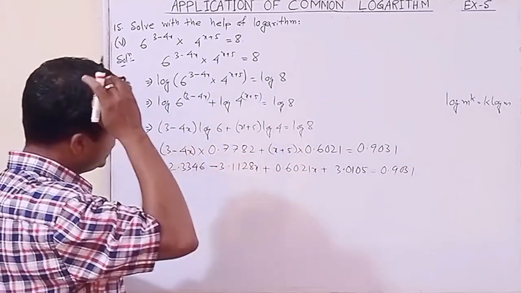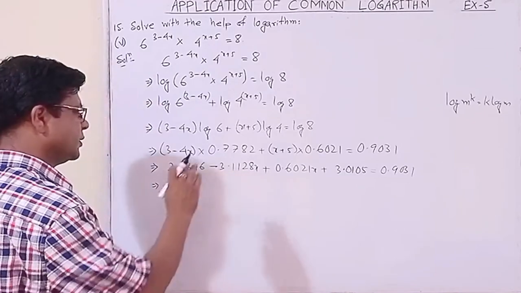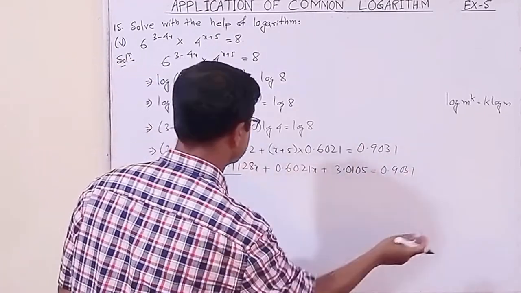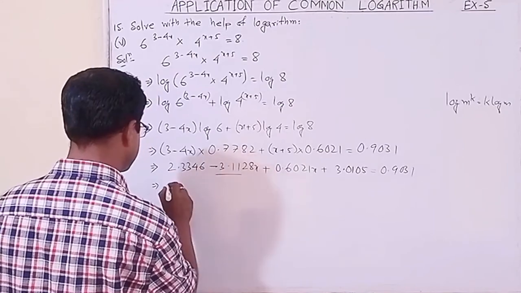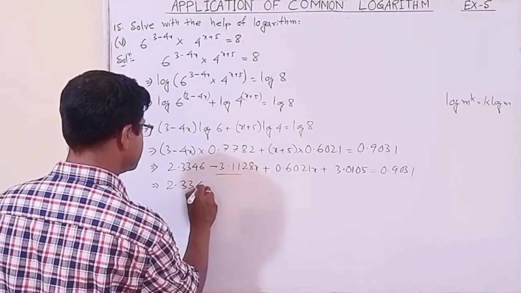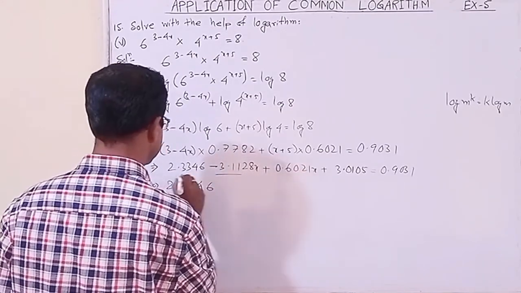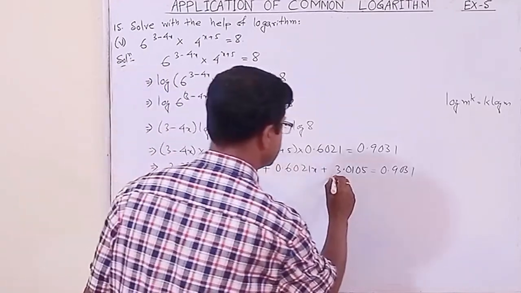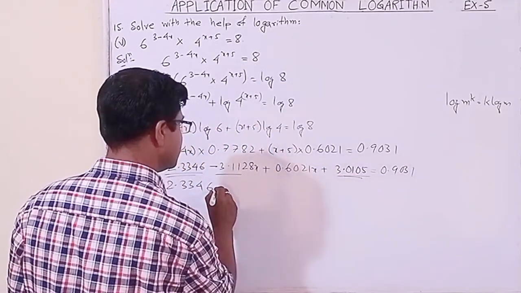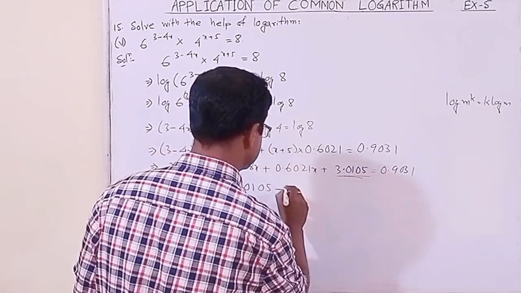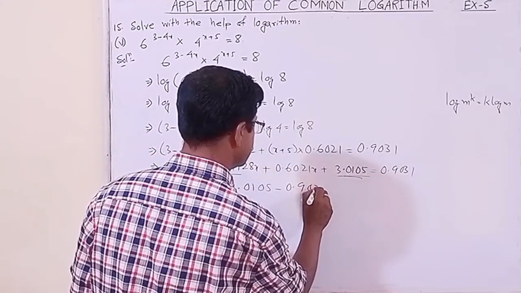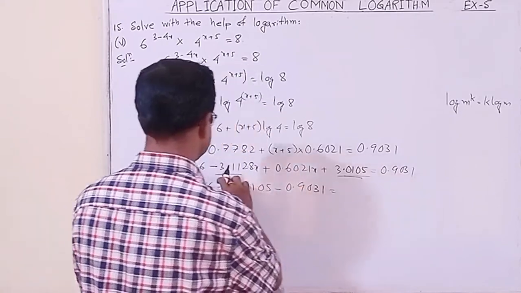Let us bring all the terms containing x to the other side, because this is minus. Let us take them on the other side, and the terms without x on this side. 2.3346, this term is written, and this term plus 3.0105 minus this term 0.9031 and this term.